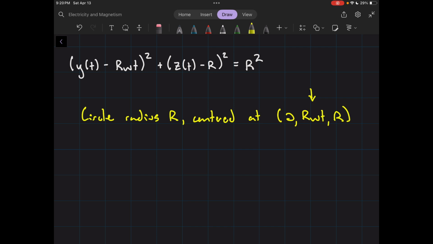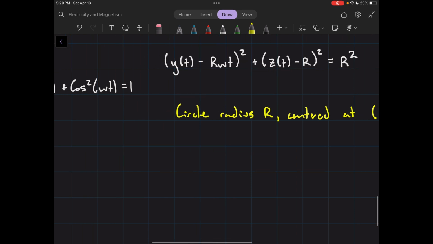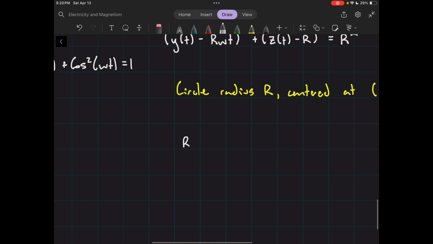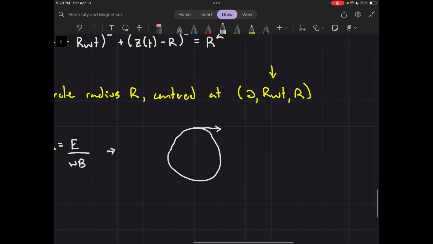And then, because we said r is equal to E over omega B, we can say that the tangential velocity, recall, is v equal to r omega.